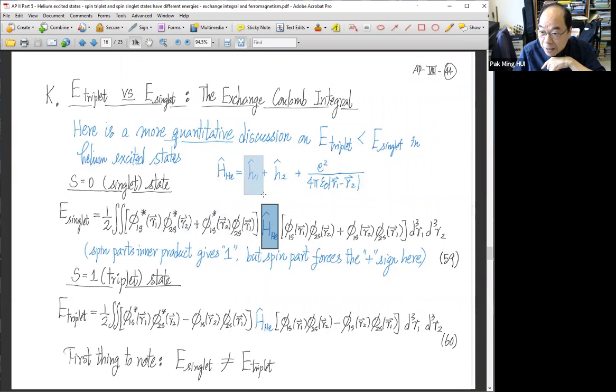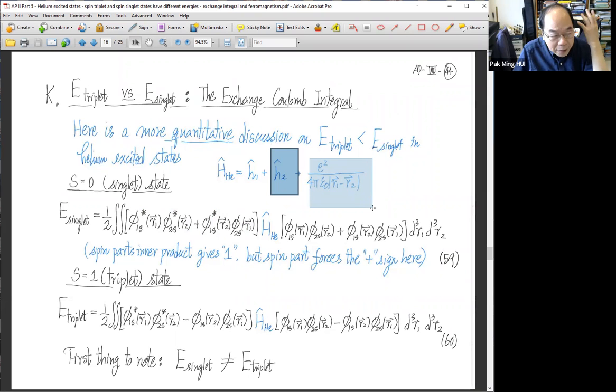There are 2 terms here, kinetic energy, and an electron 1 sees the nucleus. We have another 2 terms here, and then we have this Coulomb repulsion. We know this Coulomb repulsion is the term that is giving us trouble, right? That makes any multi-electron atom problem hard to solve.